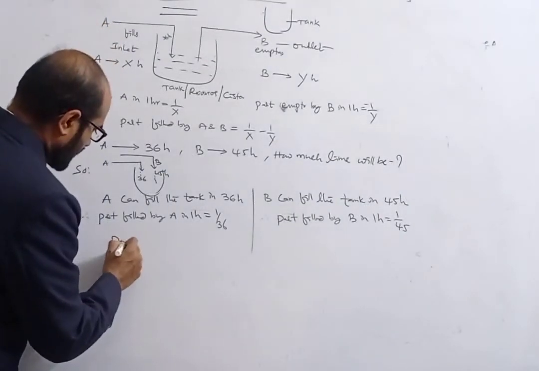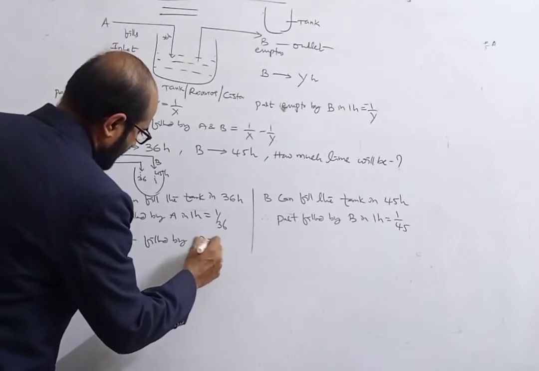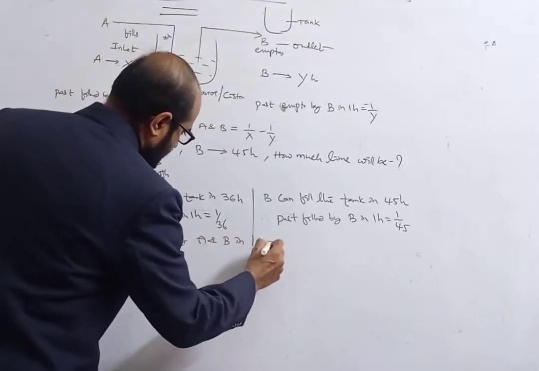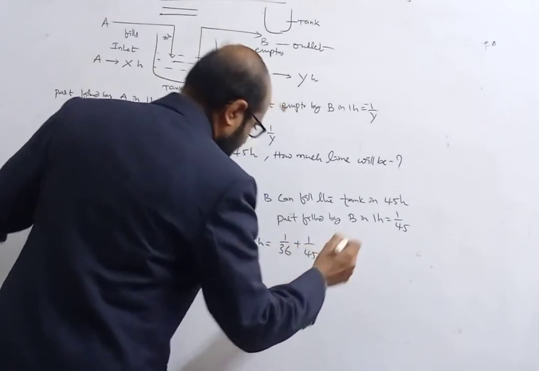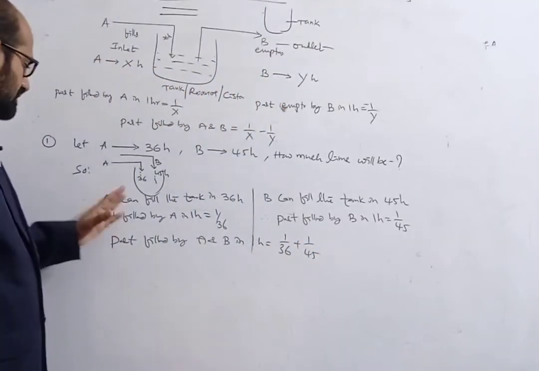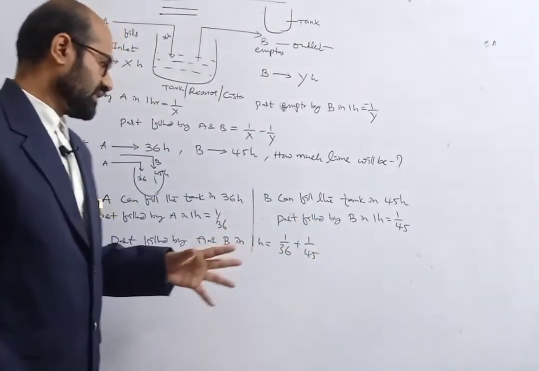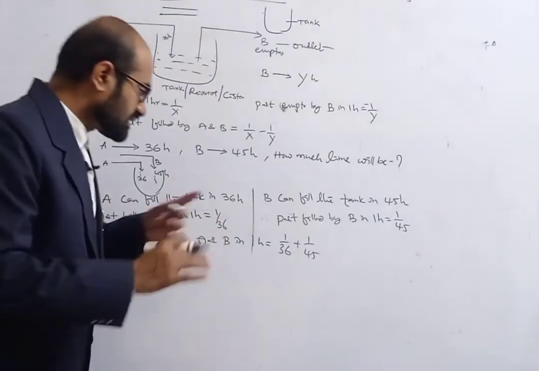Now the part filled by A and B in 1 hour equals 1 by 36 plus 1 by 45, right? Because the part filled by A is this and the part filled by B is 1 by 45, both combined can fill the tank.